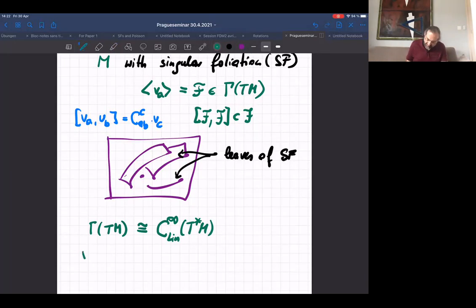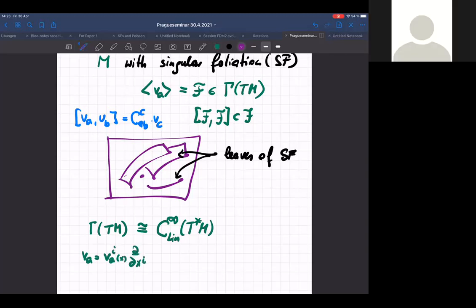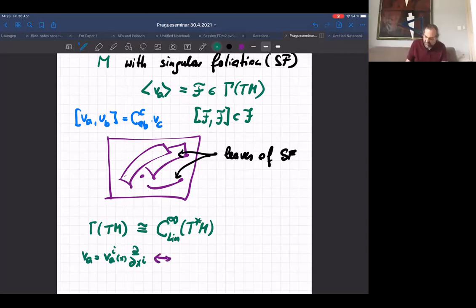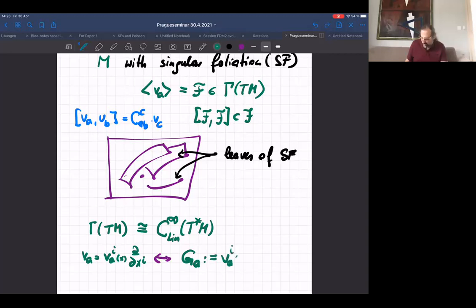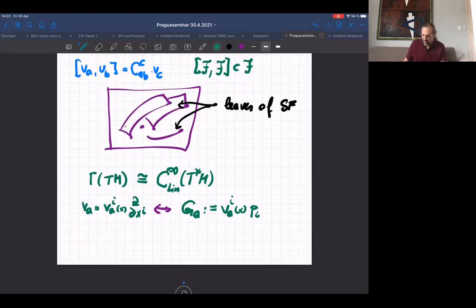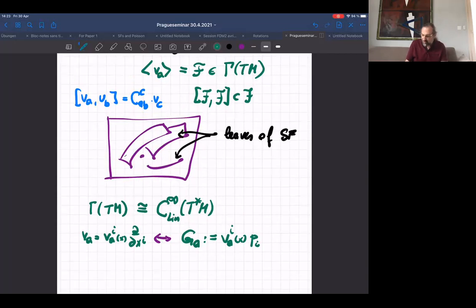So if you have a vector field V_A, which is V_A^i(x) ∂/∂x^i, then I identify this with my constraints G_A, which I just put equal to V_A^i(x) p_i, replacing the derivative by the momentum p_i, because sections on a bundle are fiber linear functions on the dual bundle.